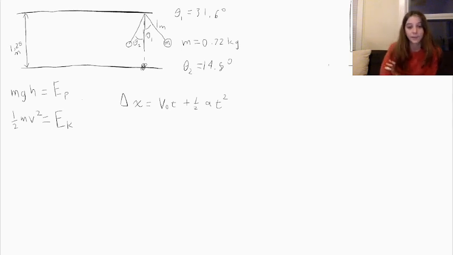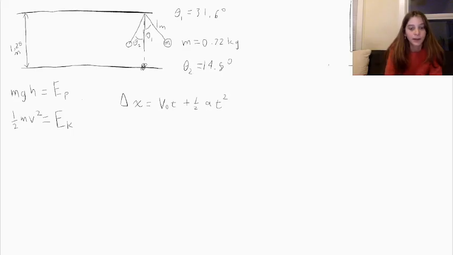V is velocity, but v naught specifically means initial velocity, and a is the acceleration. If acceleration is changing, then we can't use this, but in this scenario the acceleration is going to be gravity, which is always the same 9.81 meters per second squared. So we can use this equation.